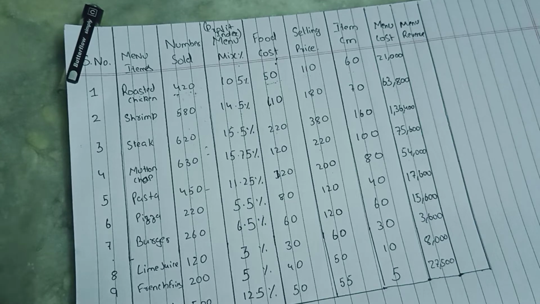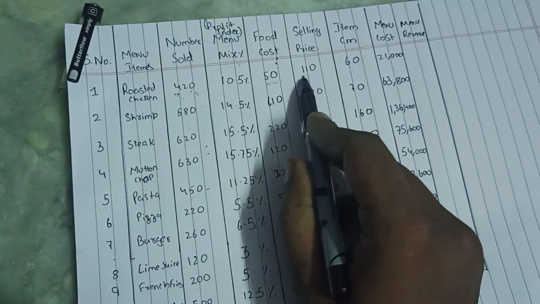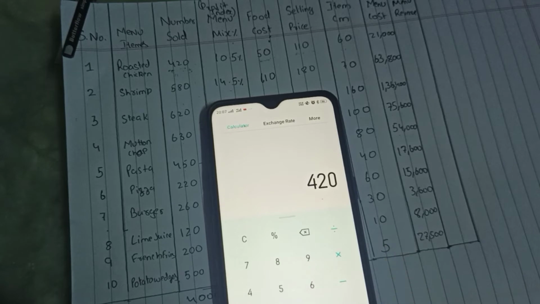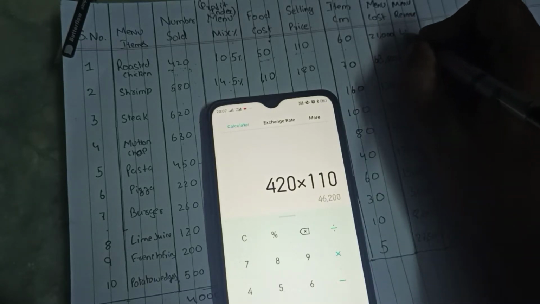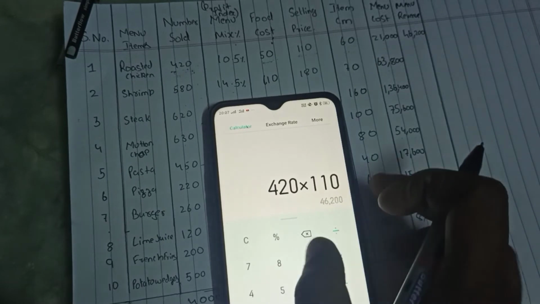So to calculate menu revenue, we would multiply 420 into the selling price, which is 110. So that would be 420 multiplied by 110. So it is 46,200. Likewise we have to do it for all.